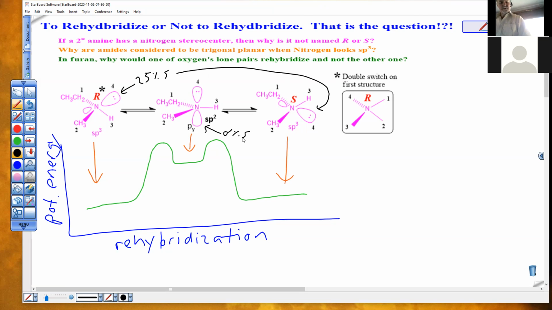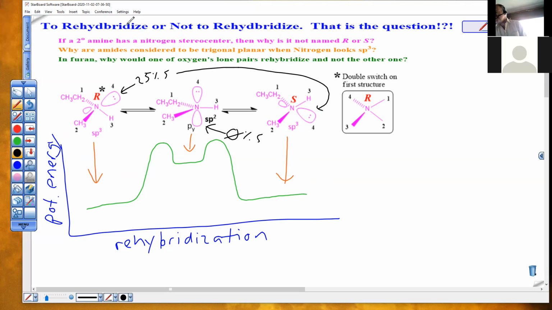I made 0 into a sigma. 0% s. Which has the lone pair closer to the nucleus? Definitely the hybrid. Why does this happen constantly? This thing's happening thousands of times per second. So that kind of answers the question at the top of the screen.